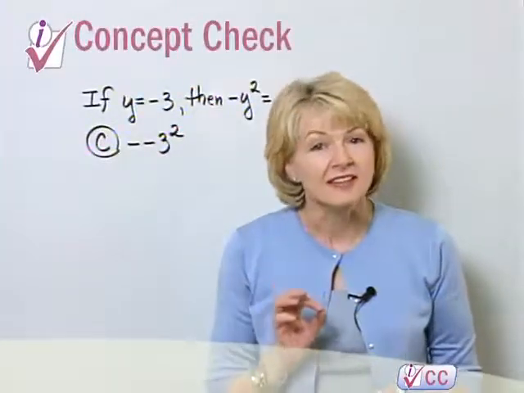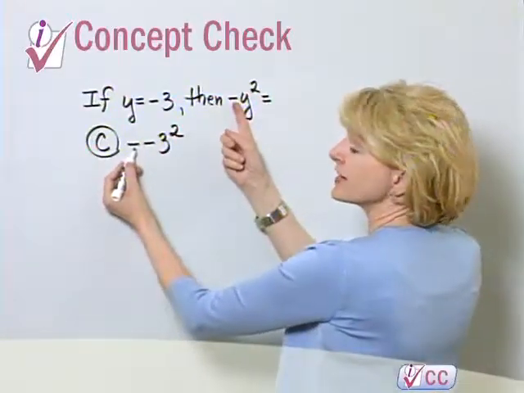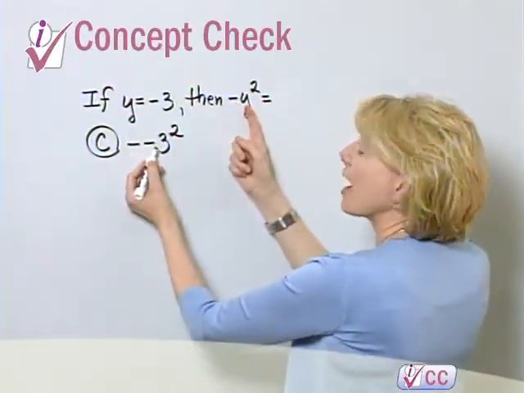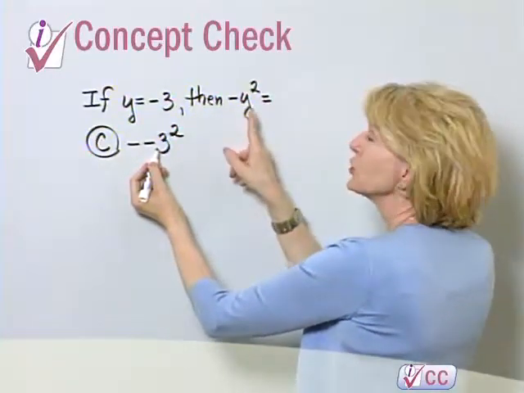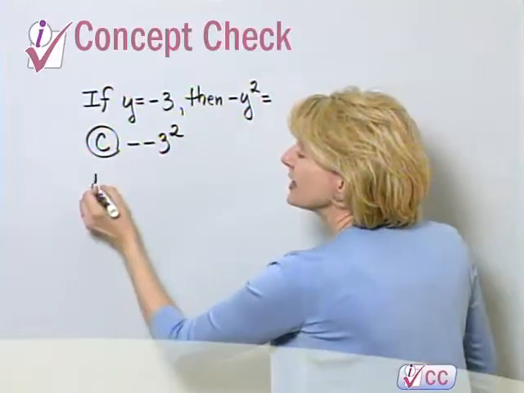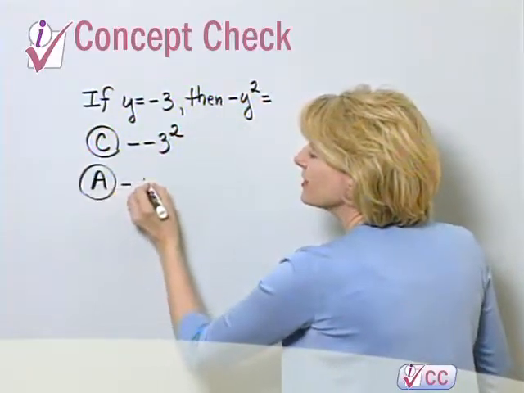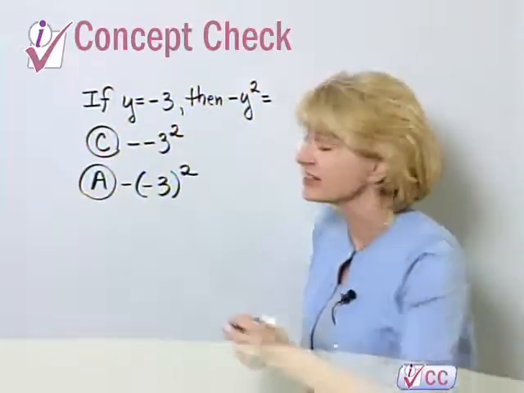Choice C is incorrect. Let's talk about why. This is the opposite of, and then y itself is a negative number. The only way to ensure that y, which is negative 3, is squared is if this negative 3 is placed in parentheses.